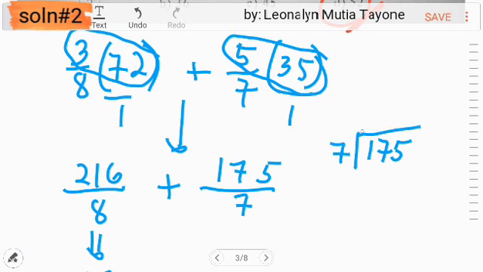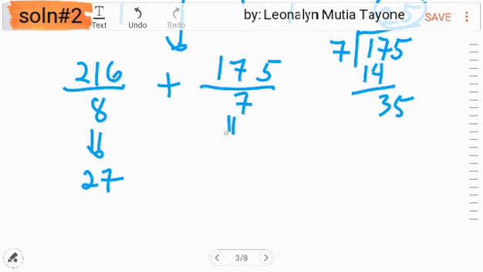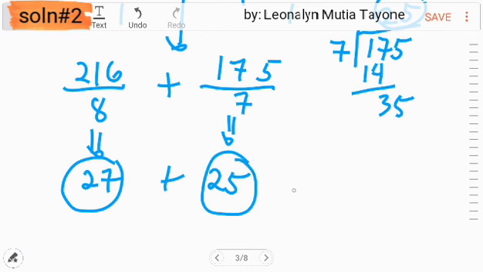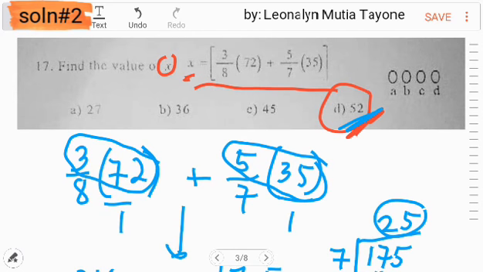Divided by 7, this is 25. 175 divided by 7, that is equals to 25. 27 plus 25 is equals to 52. The answer here is letter D.